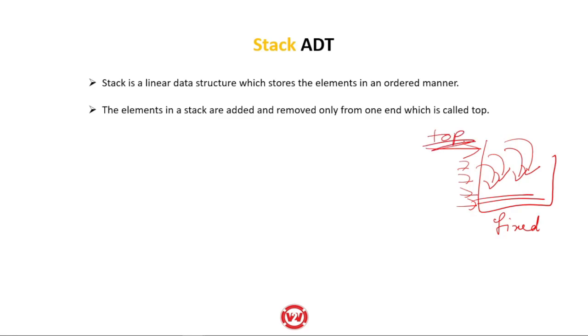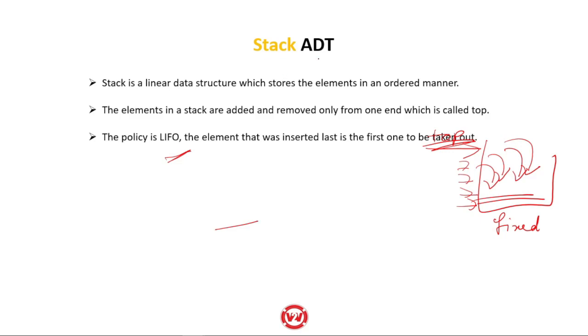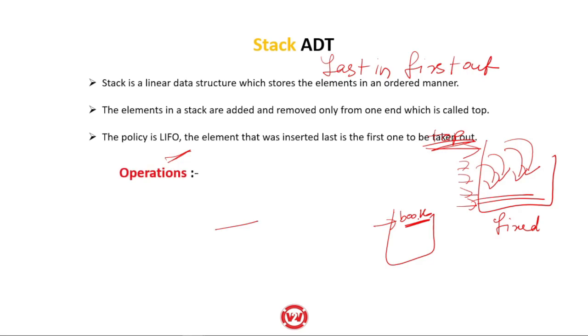We call this end the top. This policy is called LIFO. LIFO stands for last in, first out, because the element or the book which you have kept last, you are going to access first. So that is the policy of LIFO.